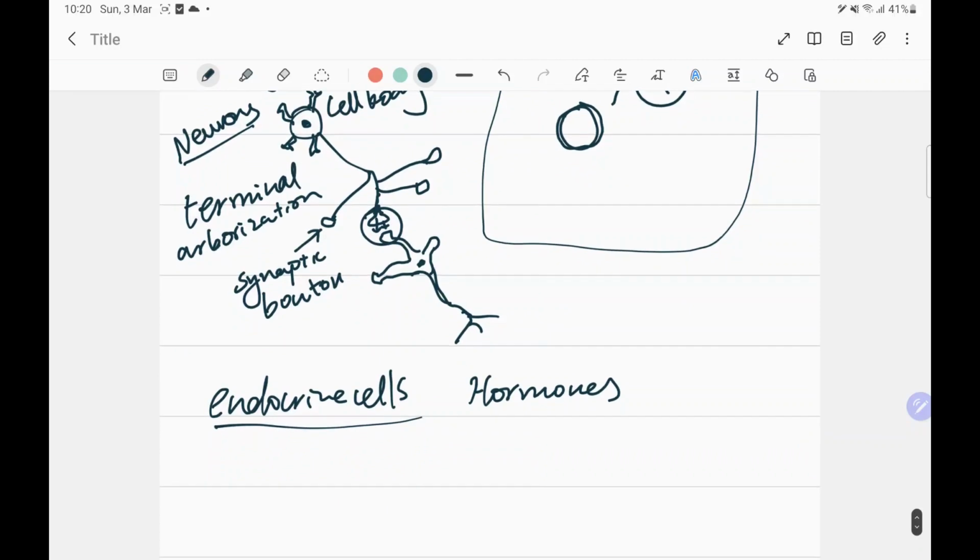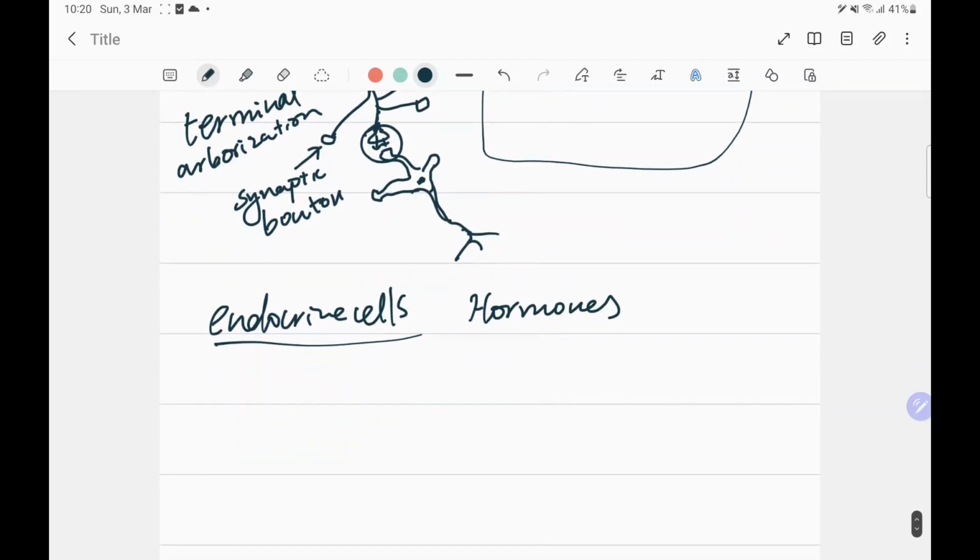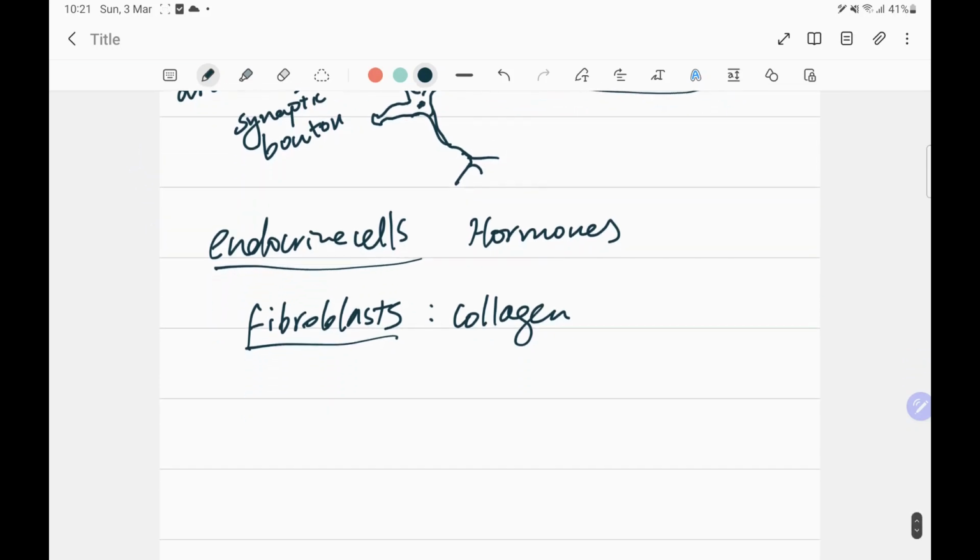Then you have your fibroblasts, for example. Fibroblasts release collagen. This makes the ground substance for your tissues and lends structure to a lot of tissues in the body, which is very important, not just for the maintenance of tissue integrity. So collagen plays an important role. It is present in the bone, the cartilage, and the basement membranes of different cells.